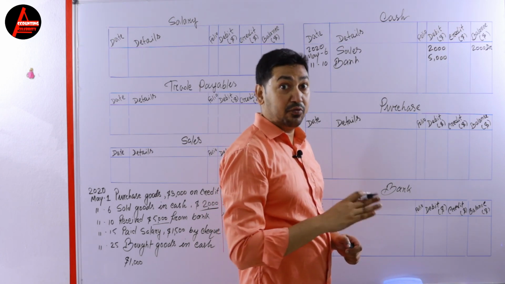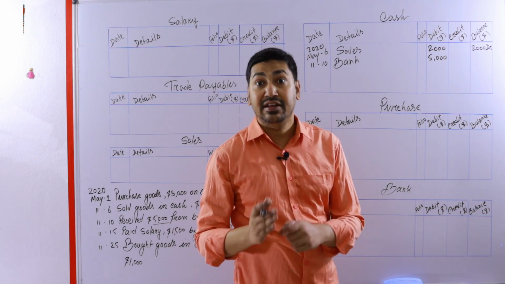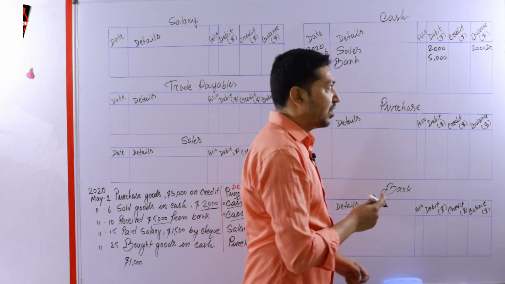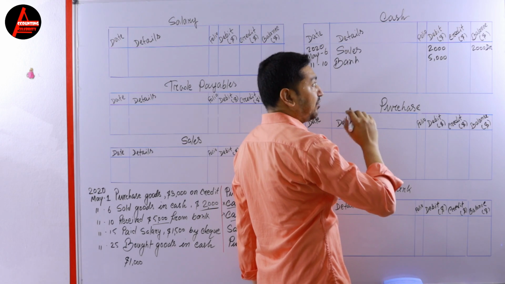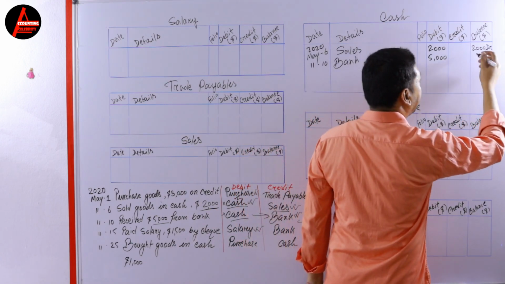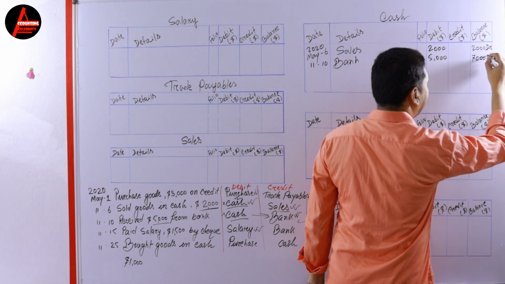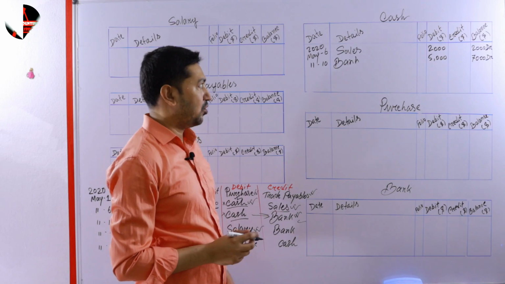So when your previous balance is debit and you got again debit balance, in this case you need to sum up, you need to add up with the previous one. So previous one is $2,000, then you get here again $5,000, so it will be here $7,000, and it is debit balance right here DR.